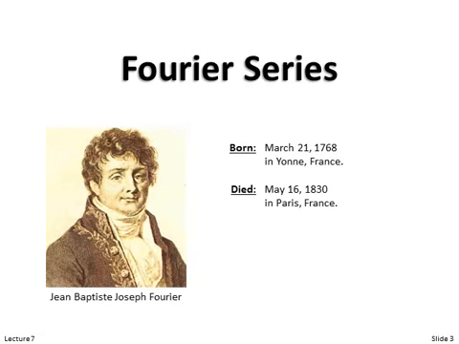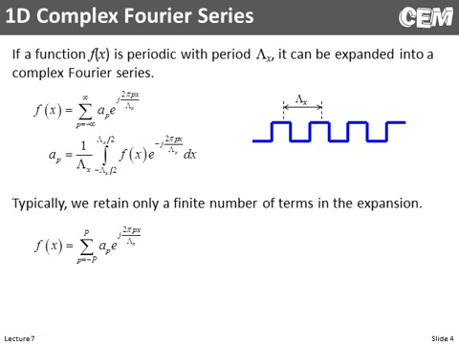Here we go. Fourier series. In this class, we're not interested in the sine cosine Fourier series, although there are some interesting things that can come out of that. Instead, we're going to generalize it a bit, and we're going to use the complex Fourier series, which hopefully you've all seen before. If not, we can take any function that's periodic and write it as a sum of a bunch of different complex exponentials.